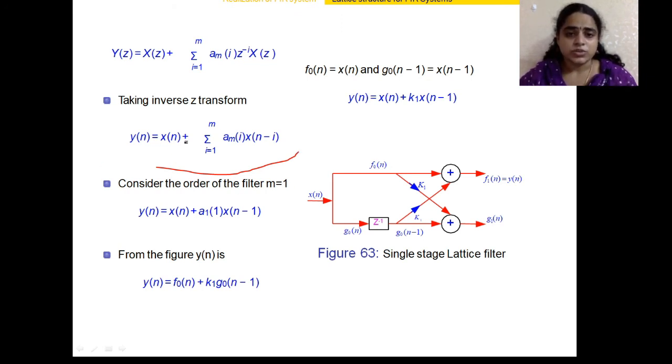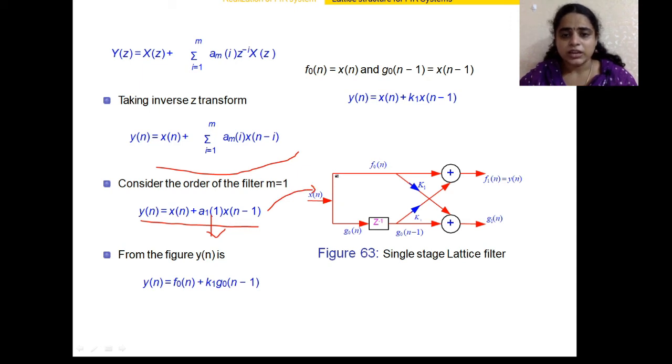If you substitute the order of the filter m = 1 here, the equation will be y(n) = x(n) + a1(1) x(n-1), where a1(1) is the coefficient. So this equation can be realized like this.